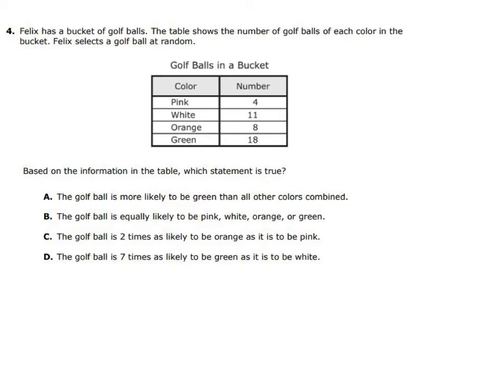Number 4. Felix has a bucket of golf balls. The table shows the number of golf balls of each color in the bucket. Felix selects a golf ball at random. So we're going to first total them because we need to find out what this would be.